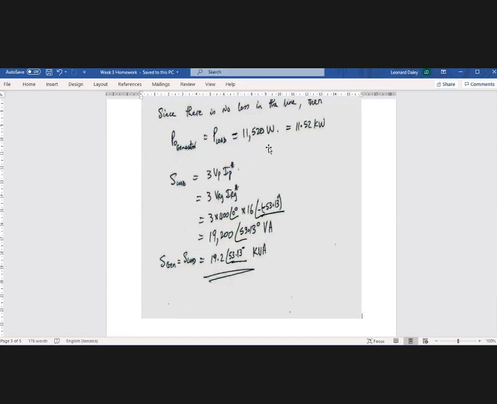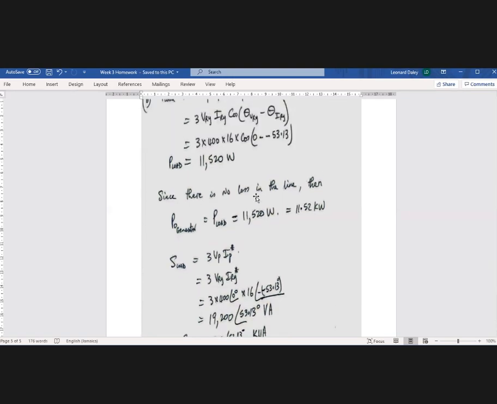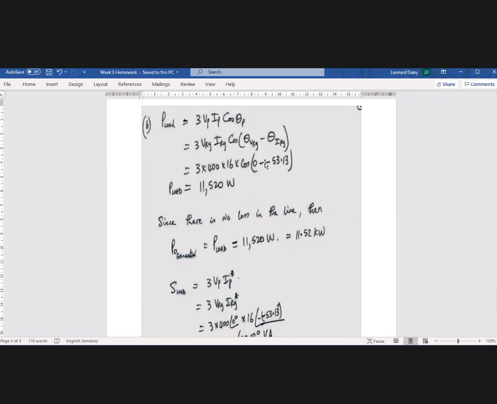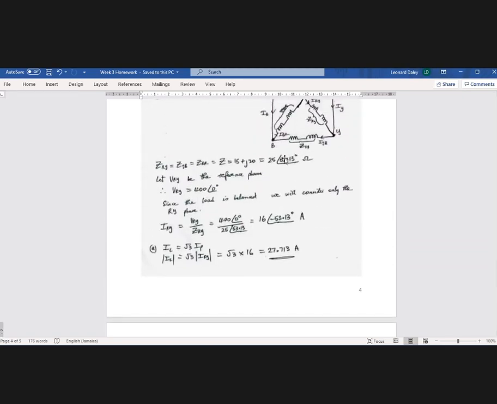You could have found it also by dividing the power by cos theta, by the power factor. But in this case you wouldn't see the angle, but you would know what the angle is from here or from here.